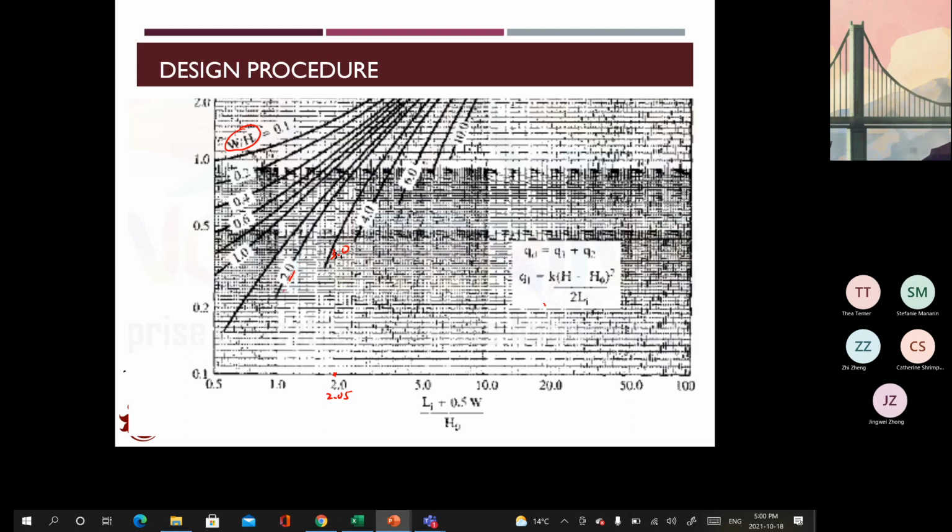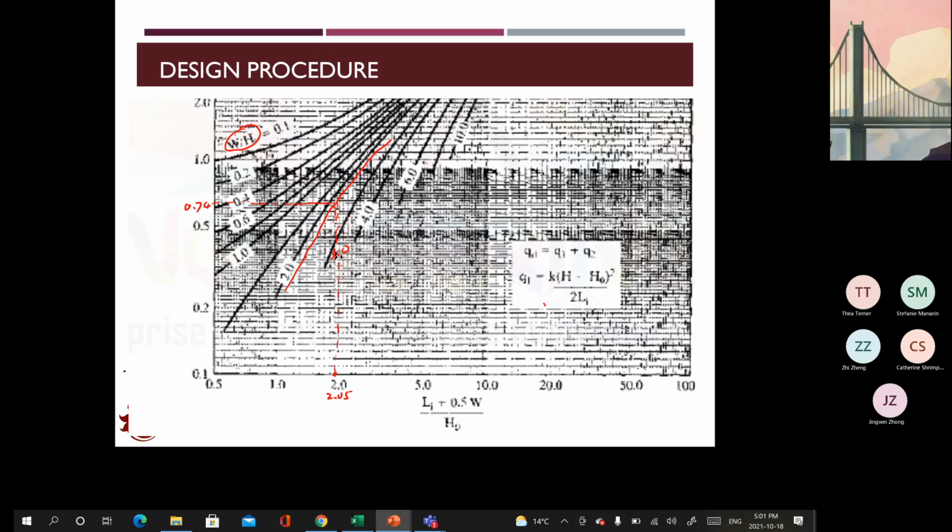So there might exist a line between 2.0 and 3.0, but it's close to 2.0. And with that, we can find out the value of the vertical axis. You will find out the value is around 0.74.